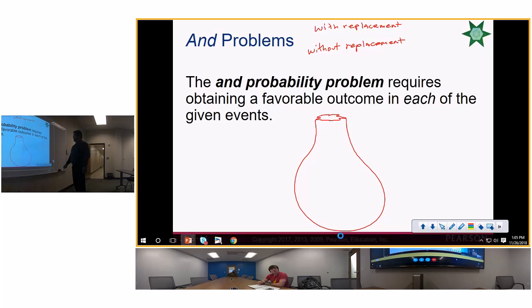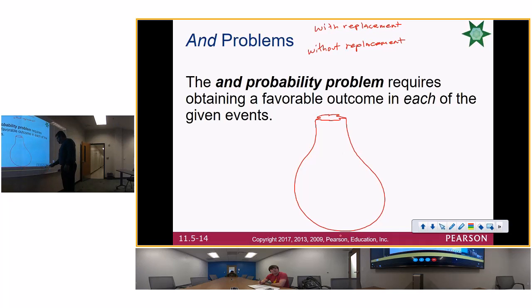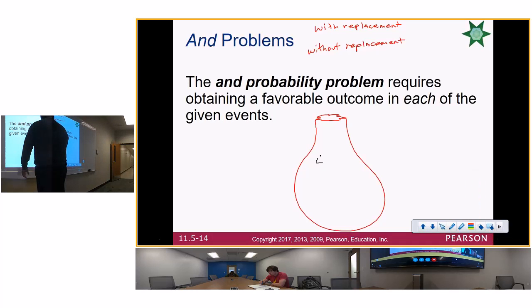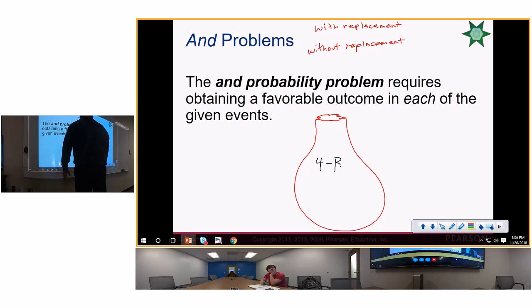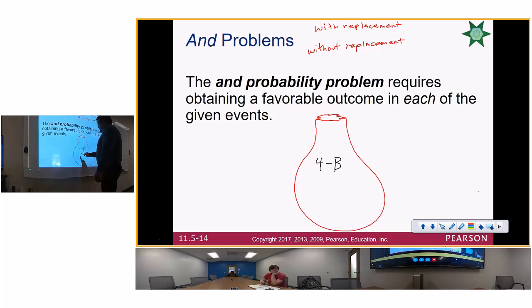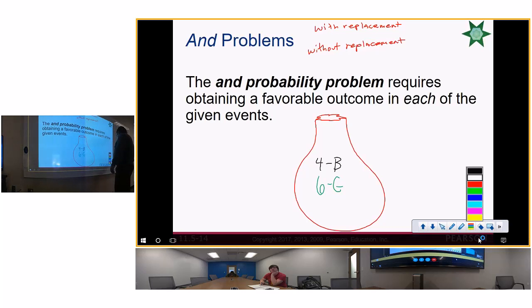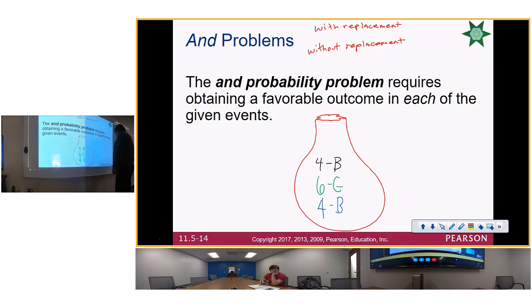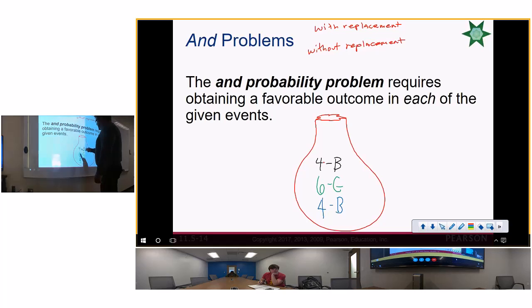And that bag of marbles, you've got, and I'm going to try to make this simple, 4 black marbles, 6 green marbles, 4 blue marbles, and since red shows up better than yellow, that's 10.